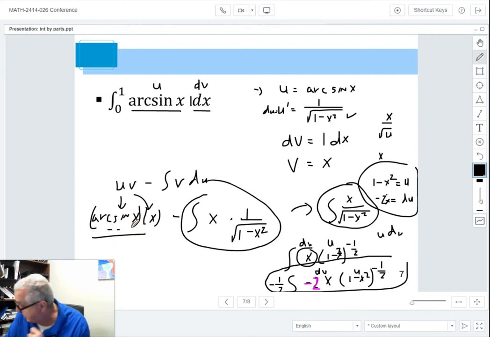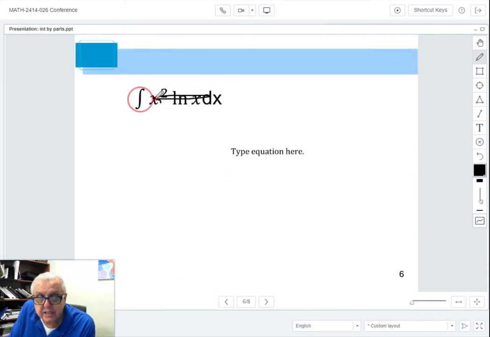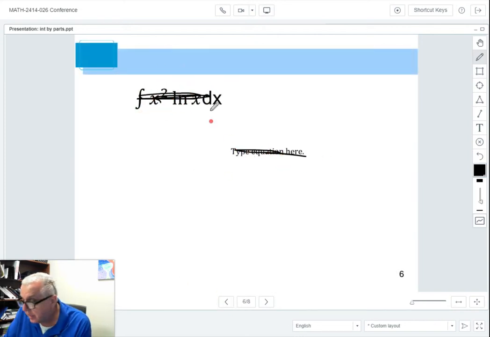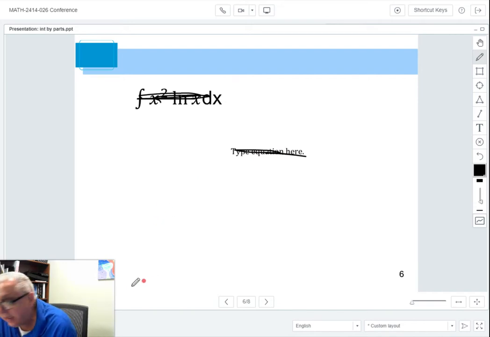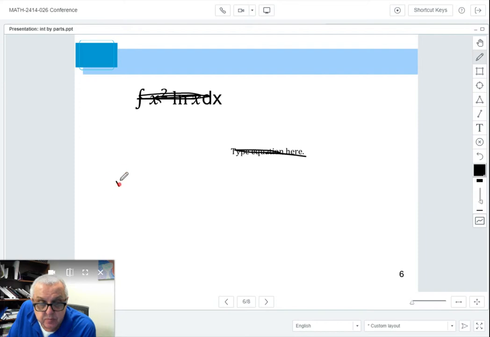Don't forget I have this arc sine in front over here. So I'm going to go to the previous page. In my problem now, I do have the x arc sine x.